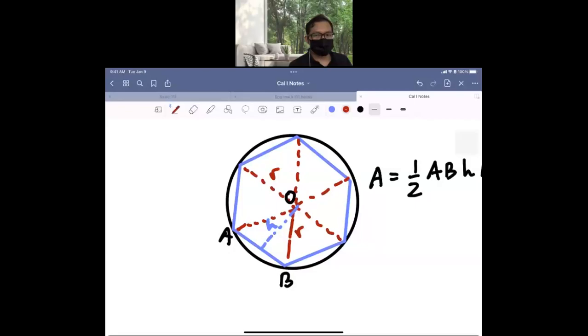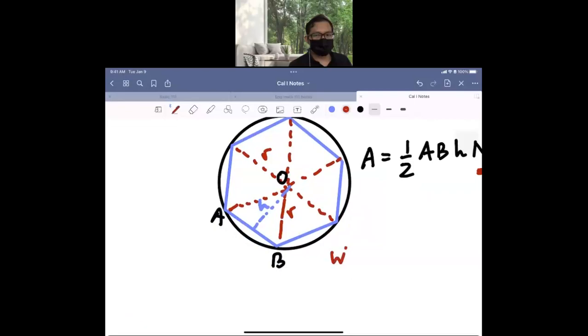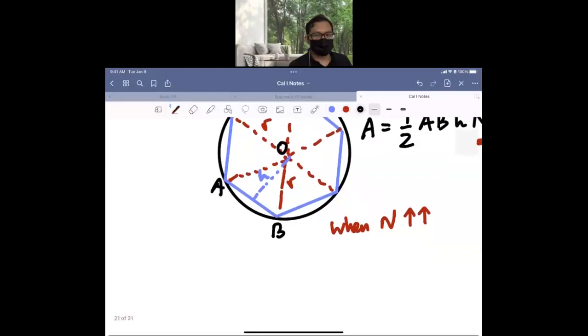So imagine that when n is increasing, I didn't say how many, but just say it's increasing. Then we can see that the height is getting closer to r.